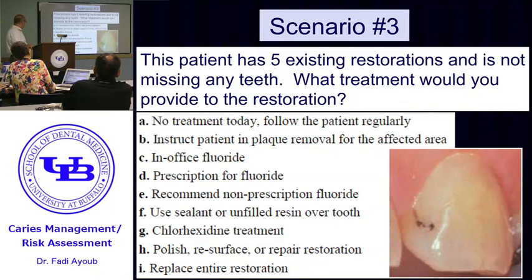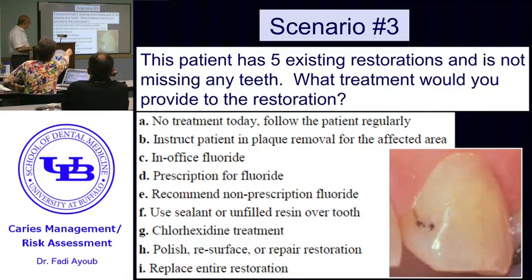You prescribe fluoride, or non-prescription, you seal over it, chlorhexidine treatment over the area, polish, resurface, or repair restoration. Last one is to replace the entire restoration. Is it a restoration or is it an abfraction? No, this is a restoration.